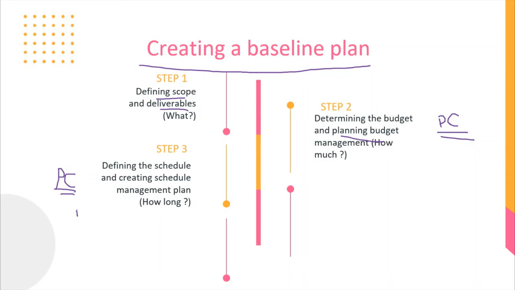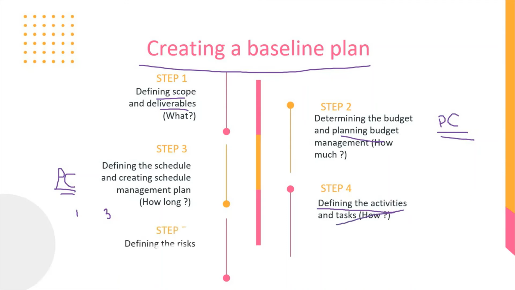I will do the testing in the 3rd month. So that's how we need to define a schedule, by giving a time. The next step is to define the activity. After we define the scope, now we need to define the activities, and also we need to sequence the activities.